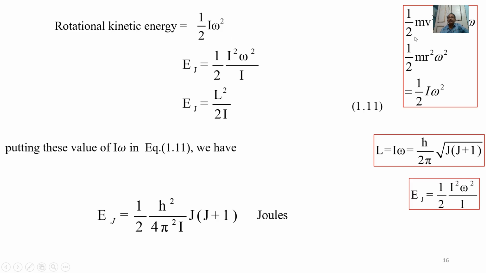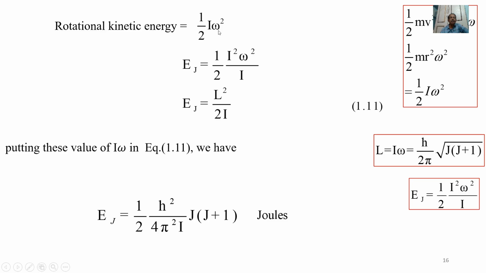Here, in half m v squared, replace v equals r omega. So v squared equals r squared omega squared. So we have 1 by 2 m r squared omega squared. m r squared is nothing but your I. So the rotational kinetic energy is given as 1 by 2 I omega squared.